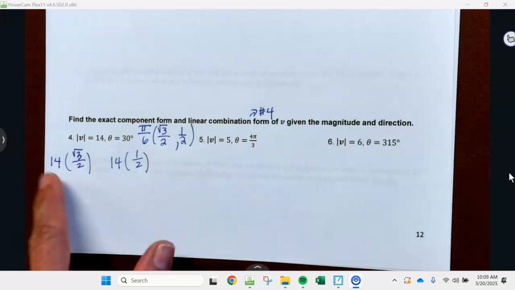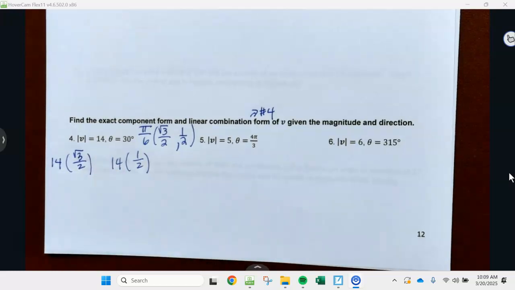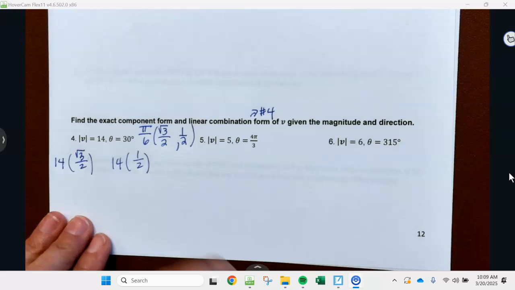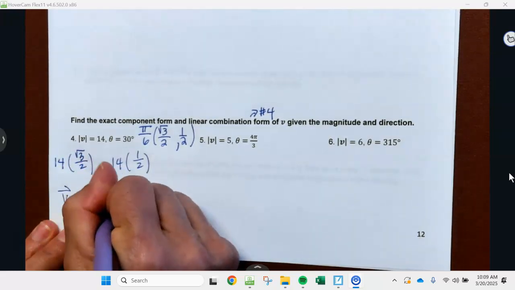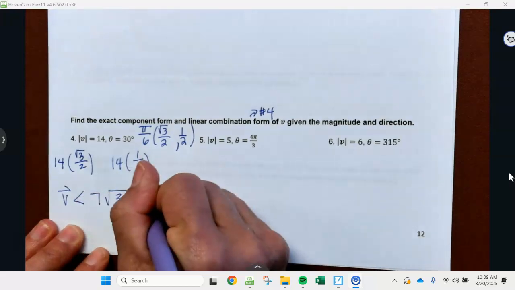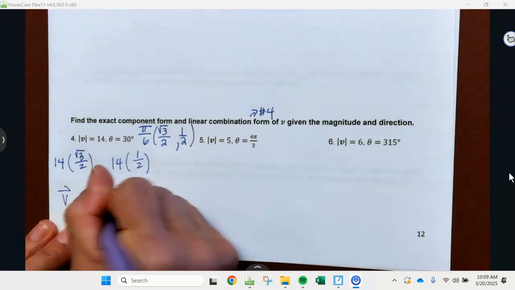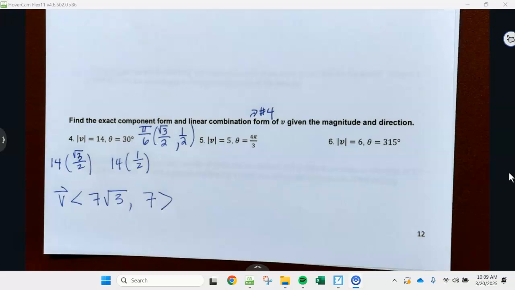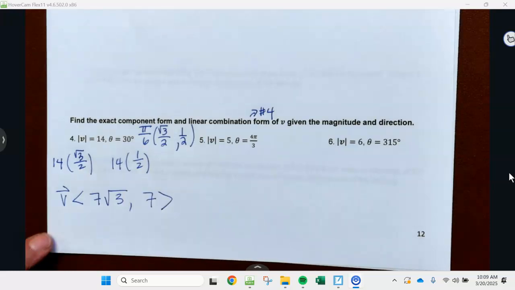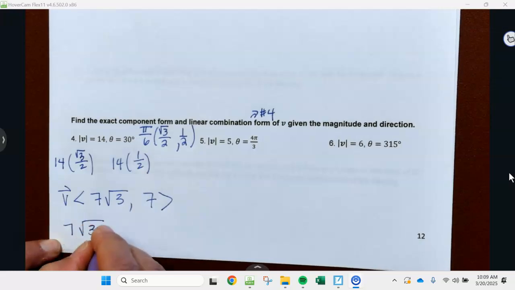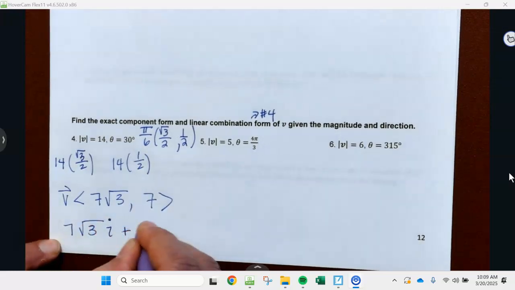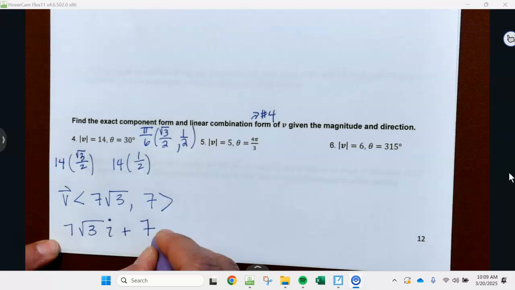So again, guys, 14 over 2, those are going to simplify to 7s. So the component form is going to be 7 root 3, 7. And remember, it's so easy for linear combo form, that's why I'm only writing it one time. You just put those letters i and j next to the a and the b.